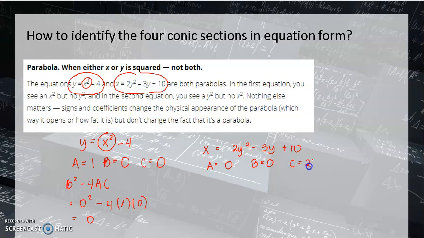And C is equal to 2 because that's the numerical coefficient of y squared. So let's use the discriminant to check if your discriminant will be 0. This will be 0 squared minus 4 times 0 times 2, and that equals 0. So meaning to say, both equations are parabolas.